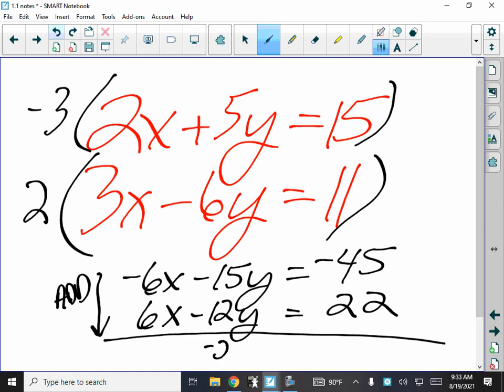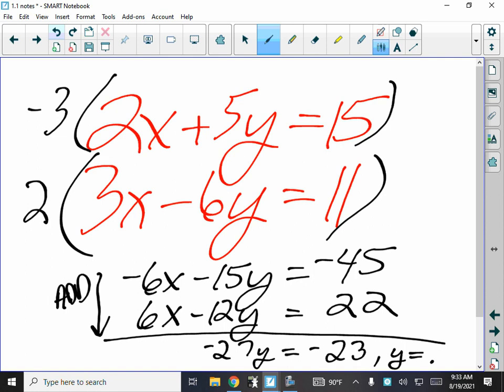-27y equals -23. Oh, and of course y is some type of nice decimal. I have a calculator, so I'm going to figure it out. 23 divided by 27, I get a decimal of 0.85. Then what would I do?